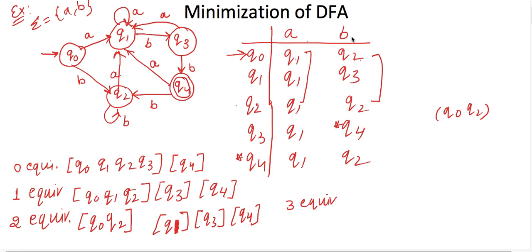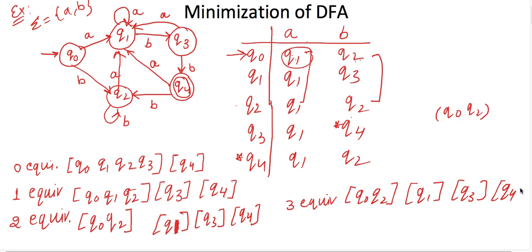Q0 on B is Q2 and Q2 on B is Q2. See, whenever these are same, Q1, Q1, Q2, Q2, whenever they fall the same, it means they are already equivalent. So we can't separate them out. Okay, got it? I already told you. So therefore Q0, Q2 and Q1, then here Q3, then here Q4.